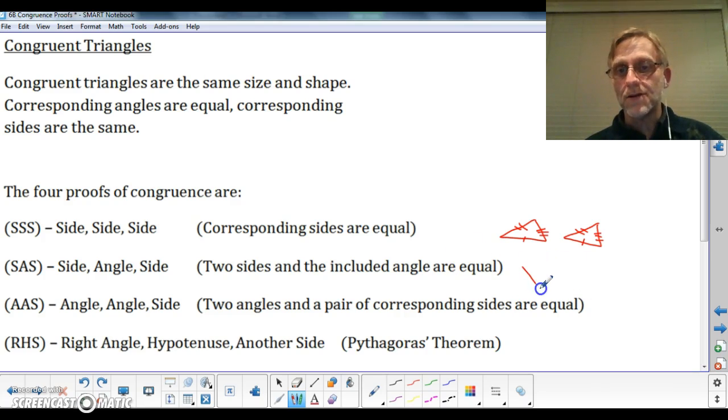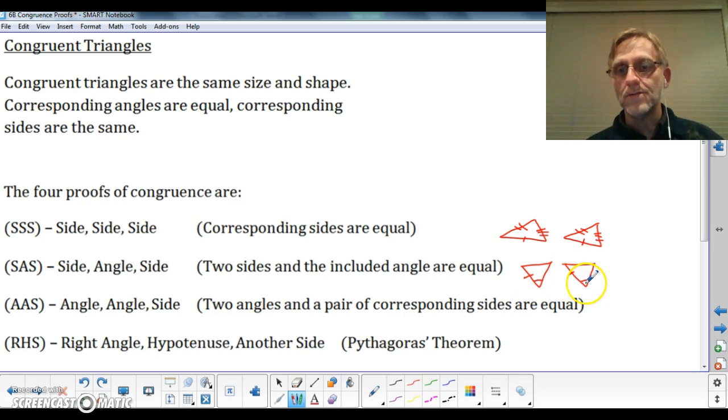The diagram that goes along in my head with side-angle-side is to say that I've got two triangles, and I normally imagine them sitting upside down because I'm interested in knowing that they are side-angle-side. The left-hand sides of those two triangles are supposed to be the same.